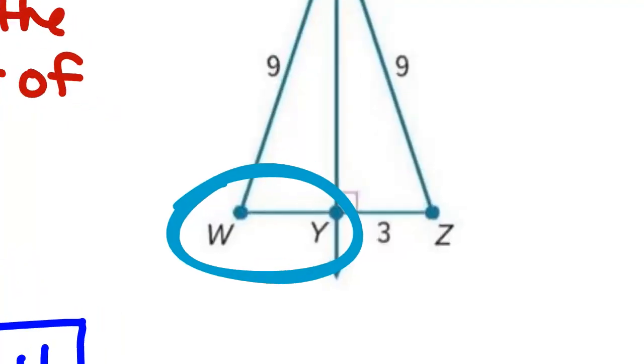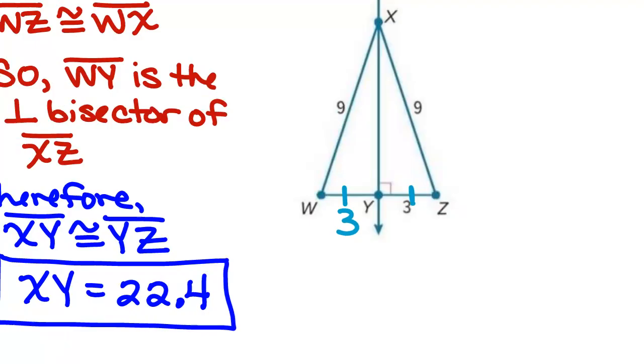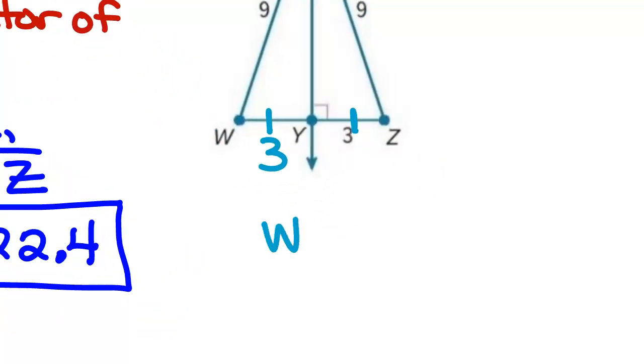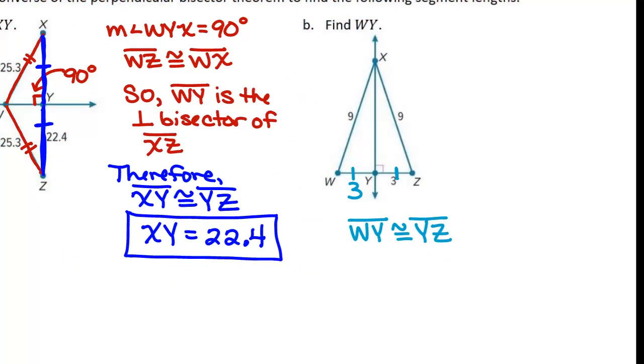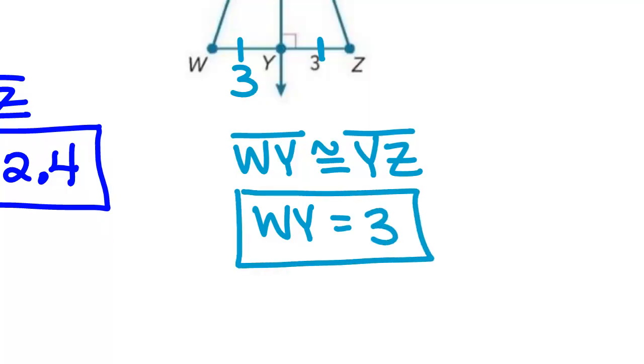How do we know? It's congruent to YZ. And how do we know that it's congruent to YZ? And there's one more piece. And how do you know that XY is the perpendicular bisector? That's not the only thing. That's the bisector part. There's one more piece.